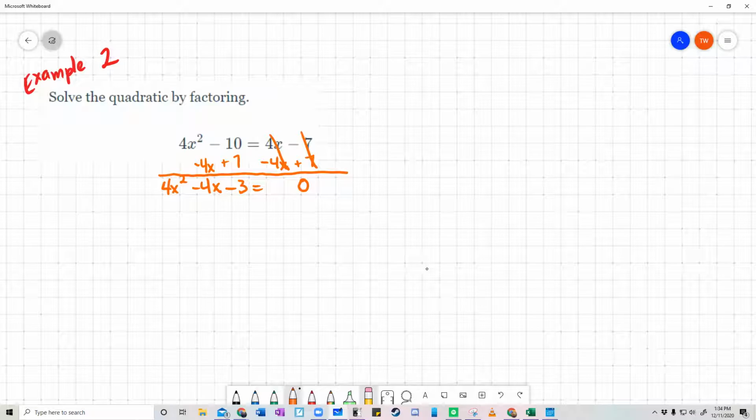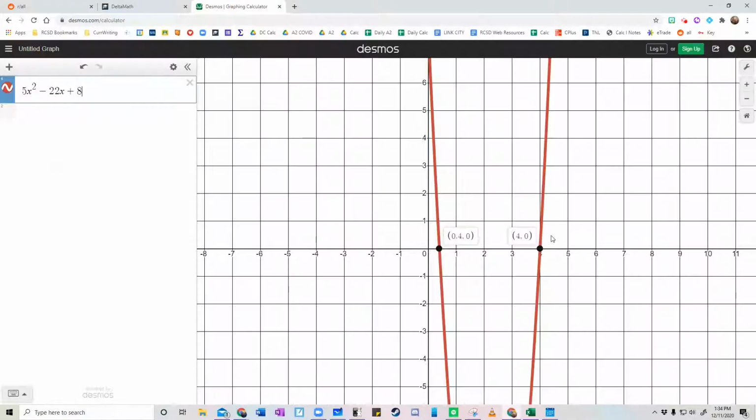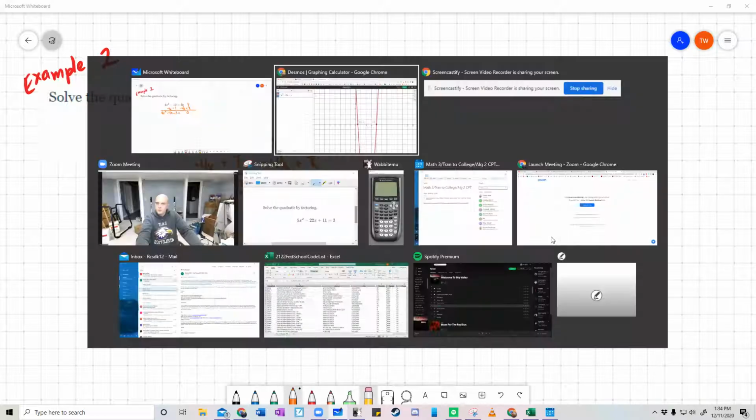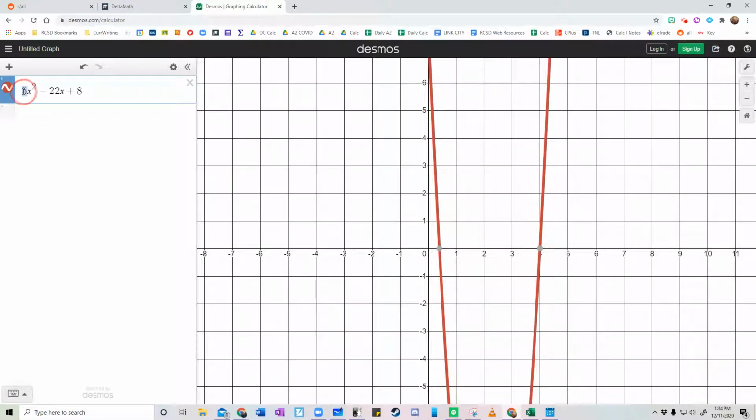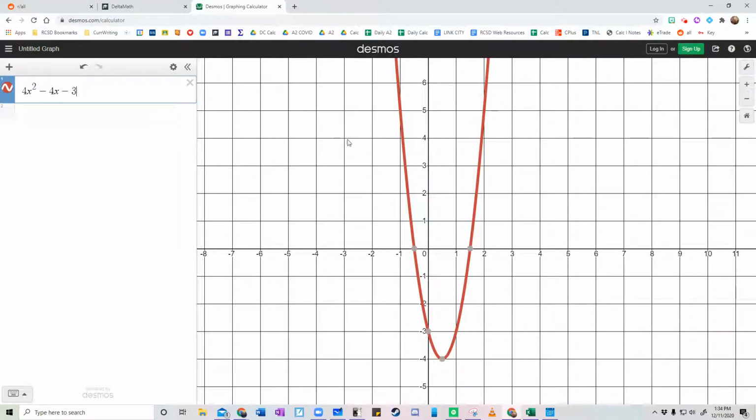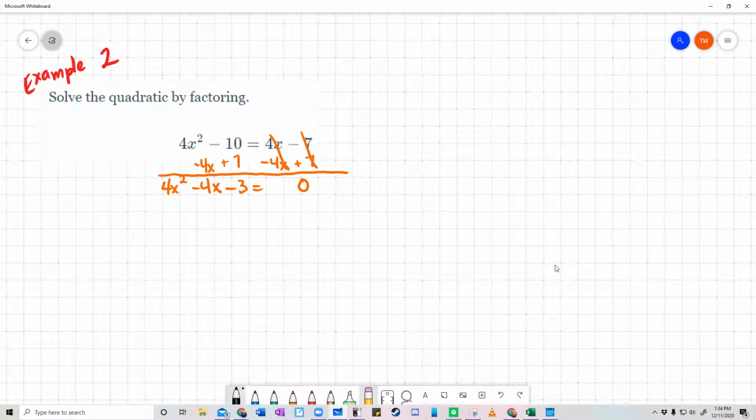And now I have this equation. So let me go ahead and graph that equation, and then we can talk about it. It was 4x squared minus 4x minus 3. Take a look at those zeros. They're at negative 0.5 and 1.5. So let's just kind of make a sketch of that situation.